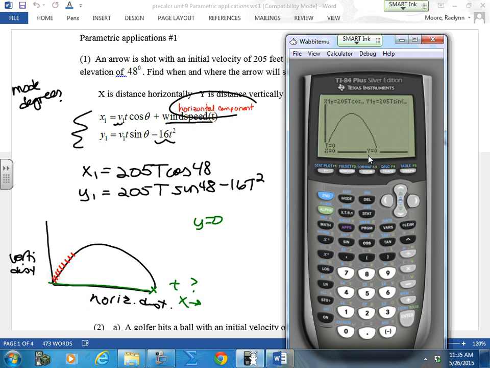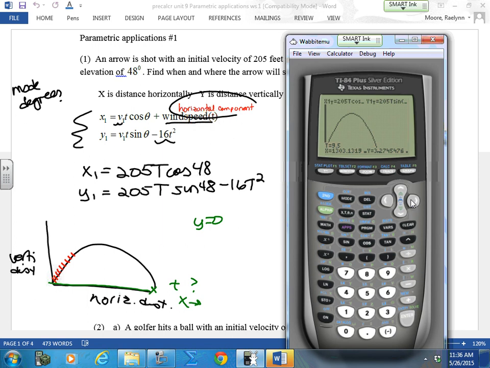I'm going to trace my time till my y gets to be 0. Now, we generally go 3 decimal places. That's the hard part of this. But watch. We're going to trace. You see our time changing. There's 2 seconds. It's moving along from 7 seconds. I'm at 9 seconds. At 10 seconds, I'm still above the ground.